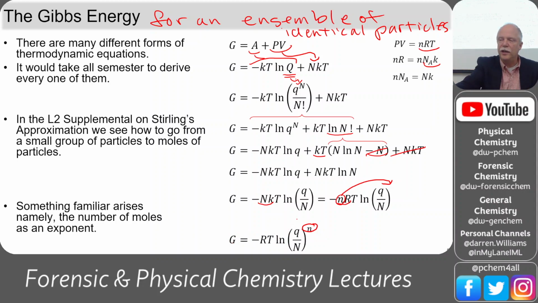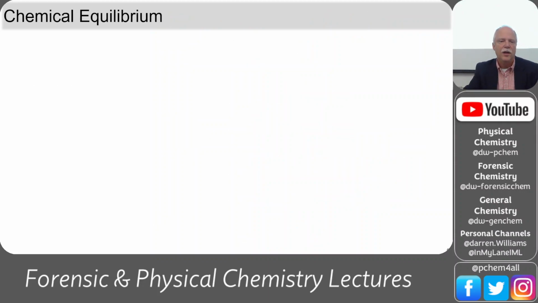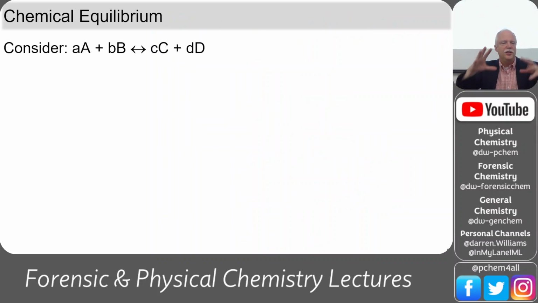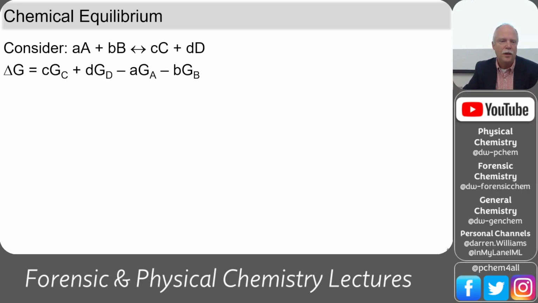Now let's put them all together in reactants and products. So you've done this before, the general equilibrium equation, a moles of A plus b moles of B gives c moles of C and d moles of D. So here's our delta G. It's products minus reactants. And so we have those products minus the reactants of the Gibbs energies. So we have the Gibbs energies times the number of moles.